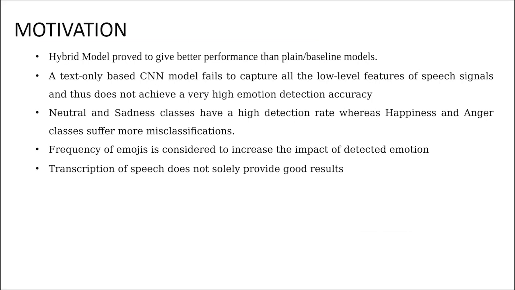Also, transcription was the sole methodology used, which did not provide a good result. The frequency of emoji was an additional parameter which we tried to incorporate to increase the impact of the emotion. Also, certain classes like neutral and sadness had a high detection rate, whereas happiness and anger had more misclassification.